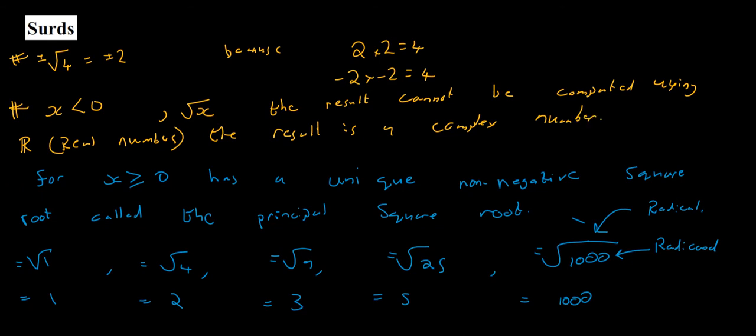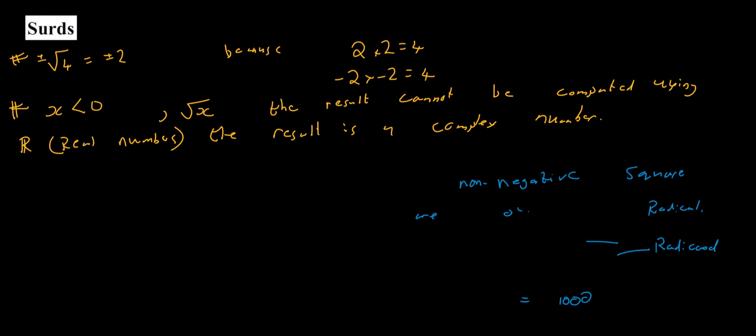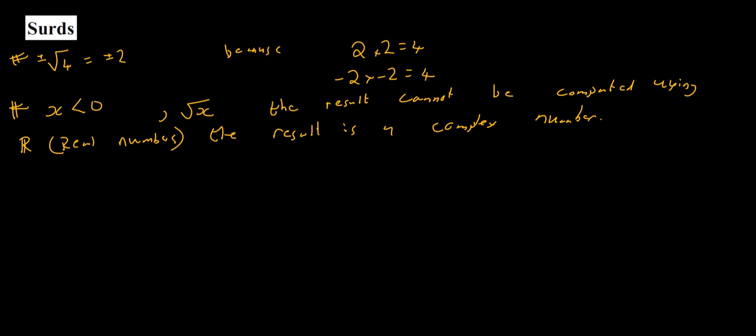So that gives rise to the fact that when we're dealing with surds, we're dealing with non-negative numbers. That is, numbers that are greater than or equal to 0. So that's quite an important fact. So for any rules that we use for surds, say for instance, we consider values for a that are greater than or equal to 0.